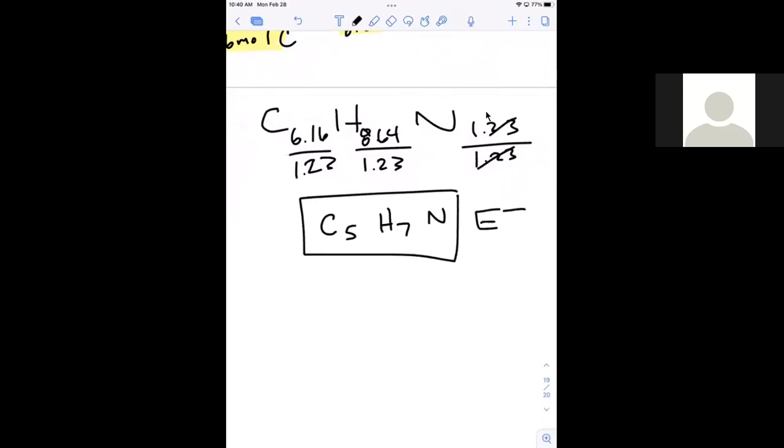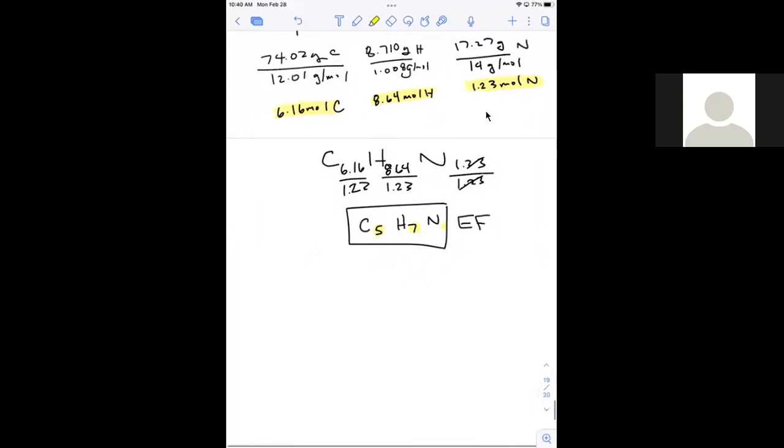You got C5 for your first one? Yes, I definitely saw 5. All right. And then H7 and then N1, right? Yes. All right, cool. So this is our empirical formula.